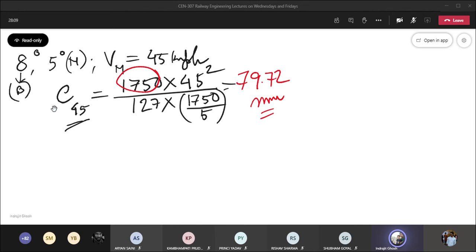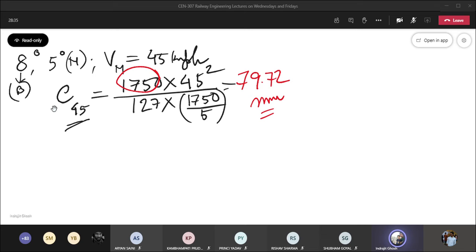No. If no value is given, we have to use our memory power. What is the highest cant deficiency value for broad gauge rail? Anybody remember? 75 millimeter. Yes, 75 millimeter.